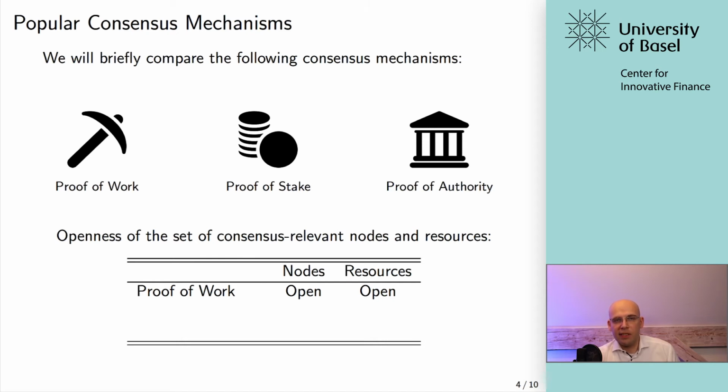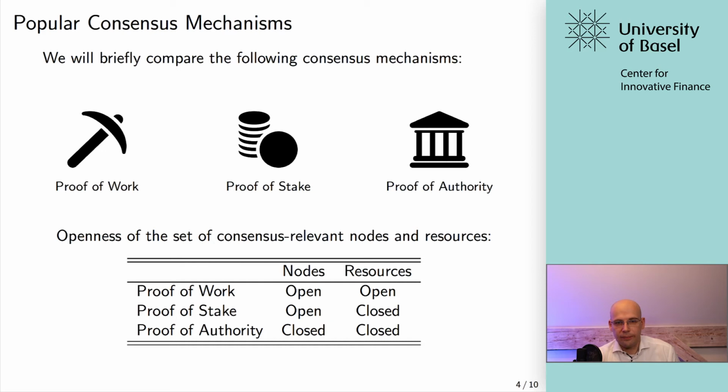Do we have a pre-selection of nodes that can actually do that? Or is it, as in the case with proof of work, completely open? And in terms of resources, it means, is there a limited set of resources? This becomes much clearer when we talk about proof of stake. Or is the set completely open, so there could be an infinite amount of resources employed in this consensus making process? Now let me actually show you all three examples.